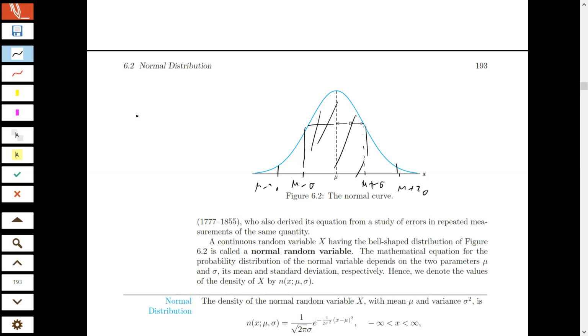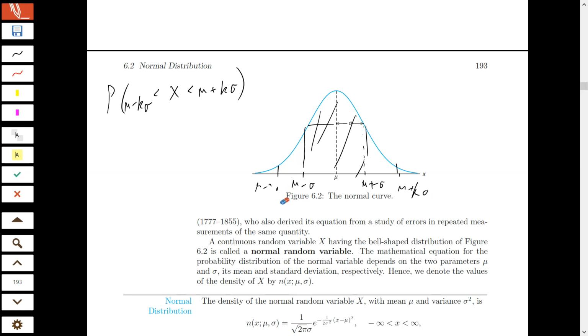I think it was like that. I remember it now. It was the probability that x is between mu plus k sigma and mu minus k sigma. Instead of 1 sigma and 2 sigma, you just write k sigma, right? So I can simply write k here. K can be anything.